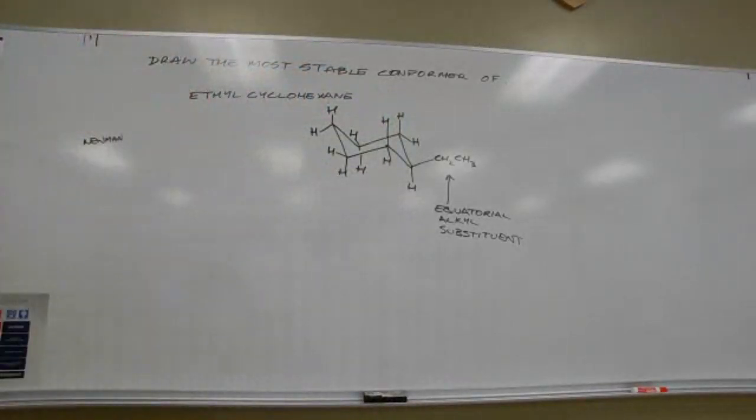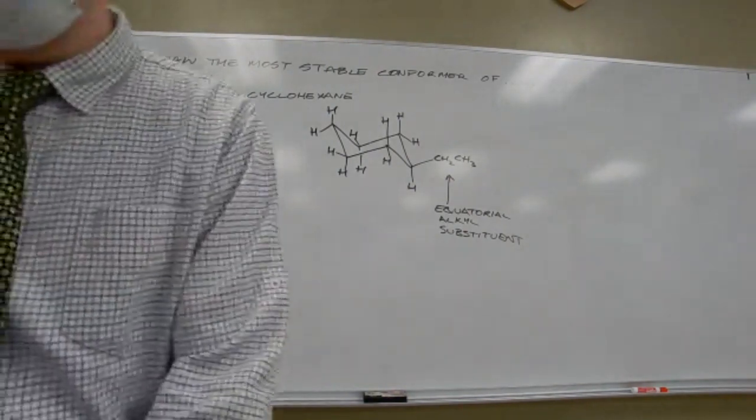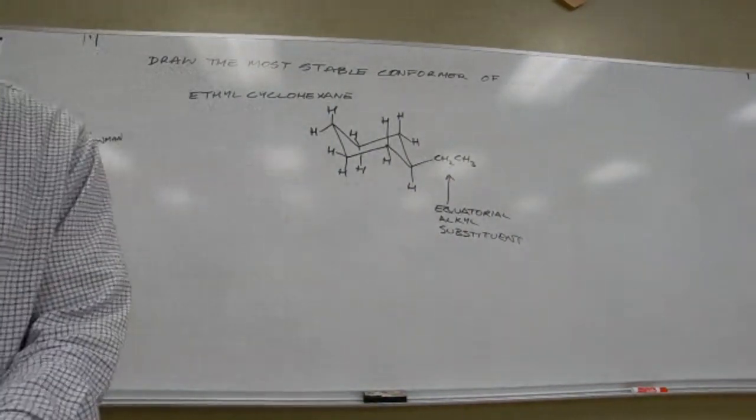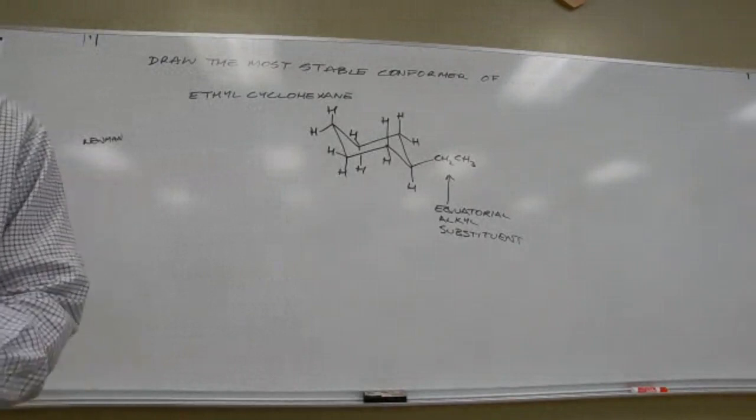That molecule has an alkyl substituent, and it is going to want to be in the equatorial position. So go make it that way. Okay? All right, let's make some molecules.